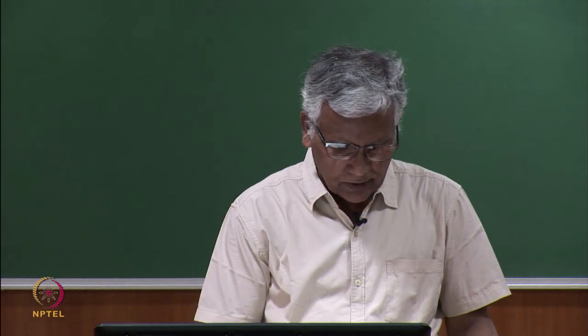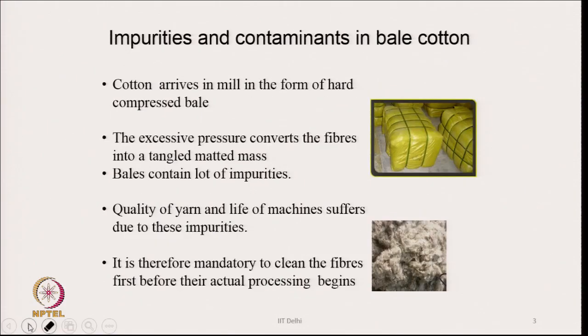Okay. So, therefore, we first try to understand what are the impurities and what are the contaminants which are present in the cotton fiber. The cotton arrives in the main in the form of a bale, and the bales are shown on the right hand side.